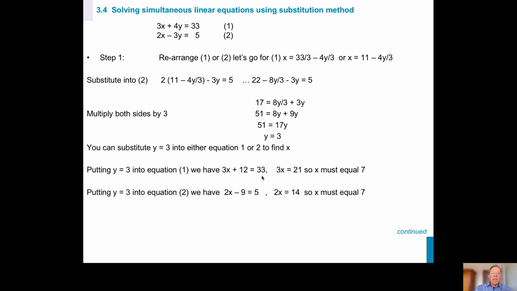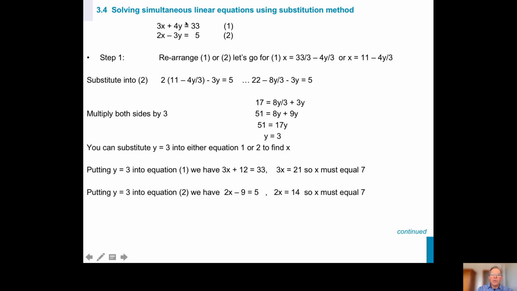So here is the substitution method, rearranging the formulas and substituting it in. So let's see what we can do here. Step 1: we've decided to rearrange equation number 1. We've decided to leave x on its own.